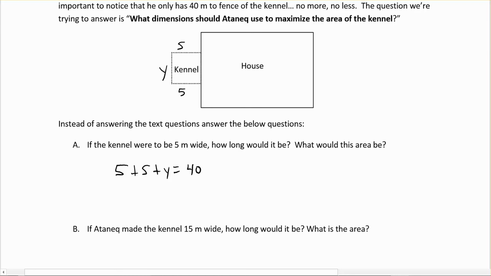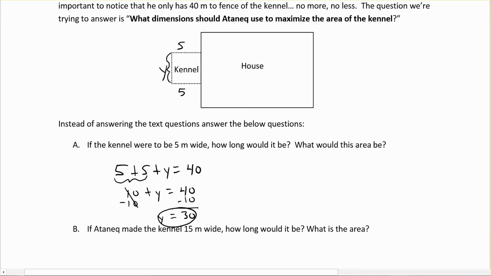That's all the fence I have. If I simplify, 5 plus 5 is 10, plus y is equal to 40. Then to solve for y, I subtract 10 from both sides. So minus 10, minus 10. y is going to be equal to 30. So if the side lengths here were 5, then y must be equal to 30.